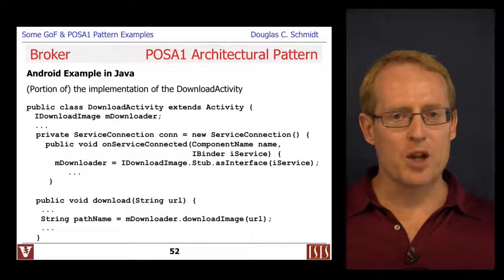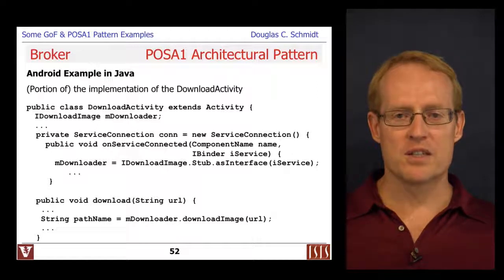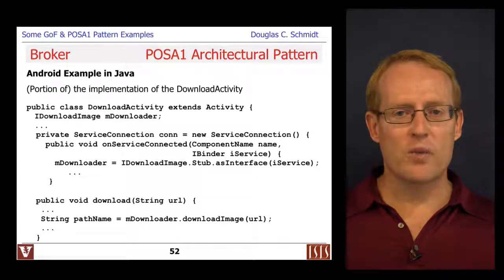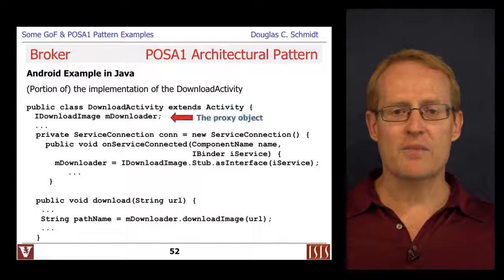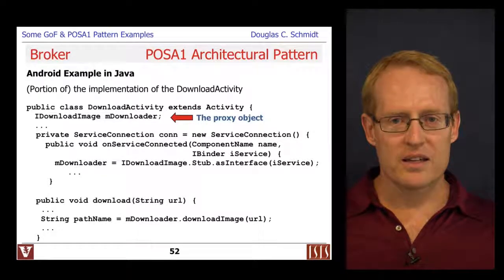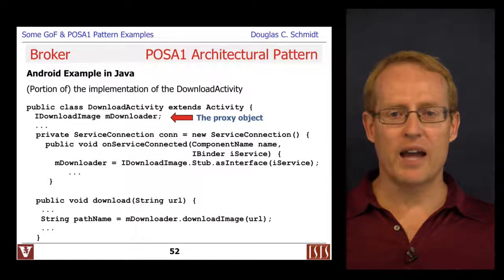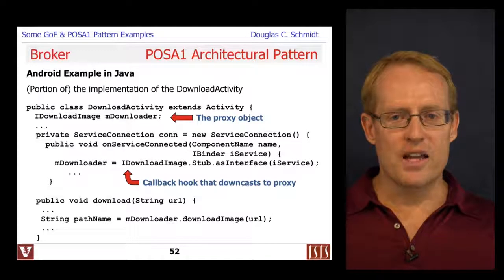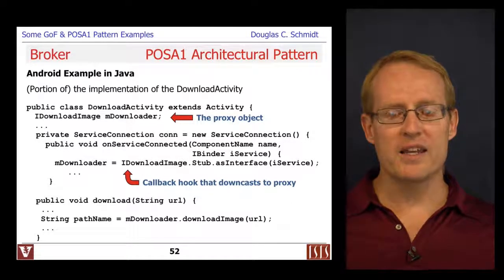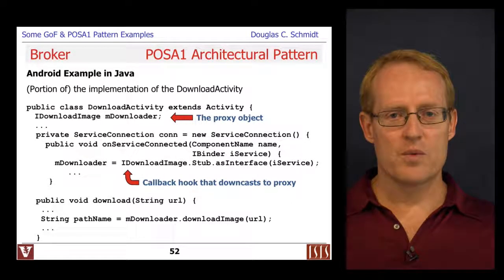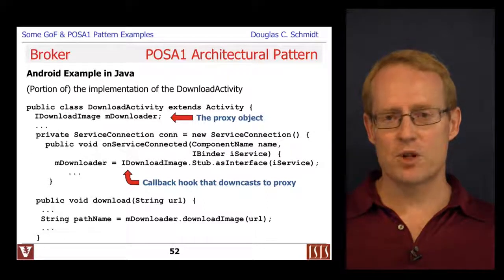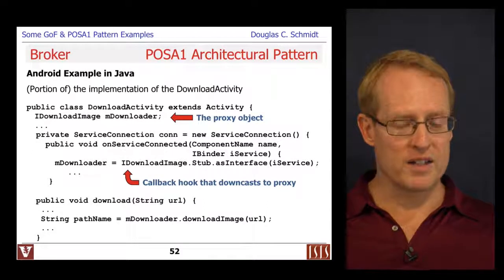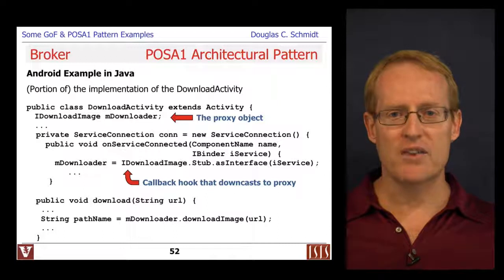Let's take a look at some of the code that implements pieces of this example. So here we have the activity for downloading, and here's the proxy object, which we call mDownloader. Here is the hook method that's called back to return the proxy from the server process running the download service back to the download activity.